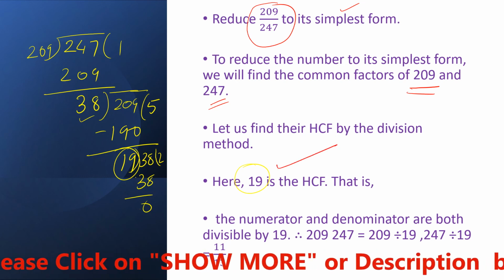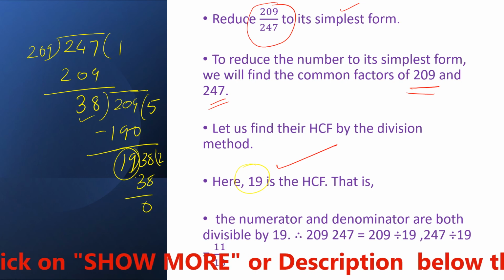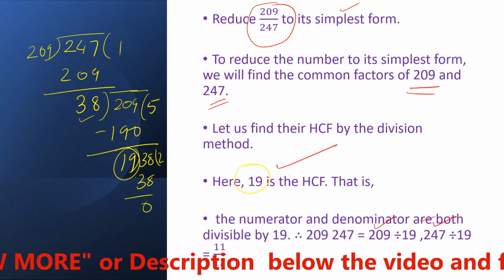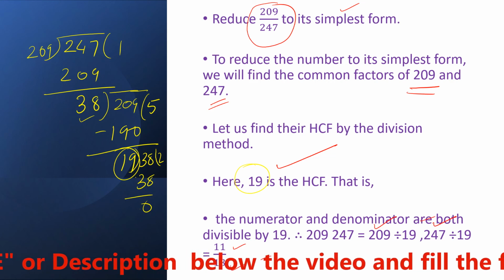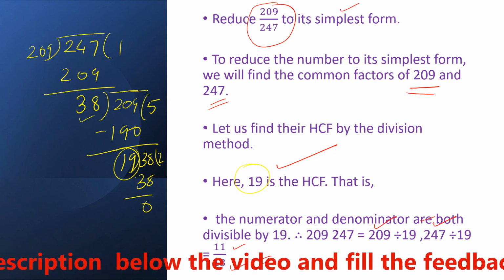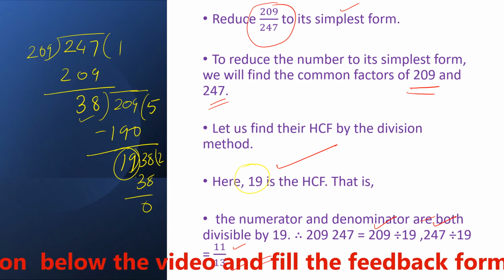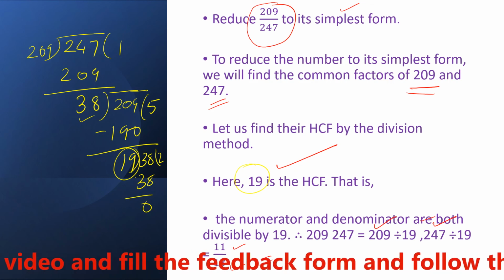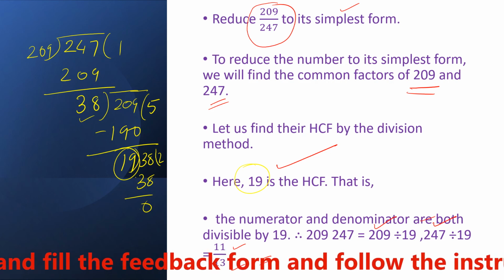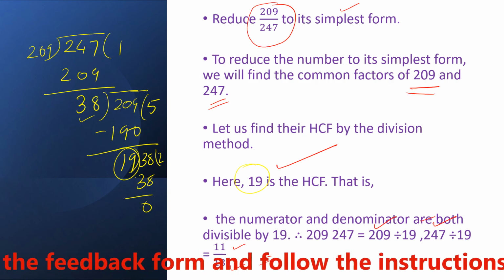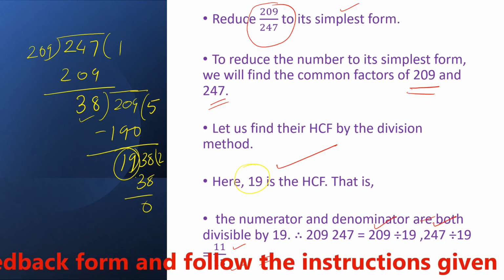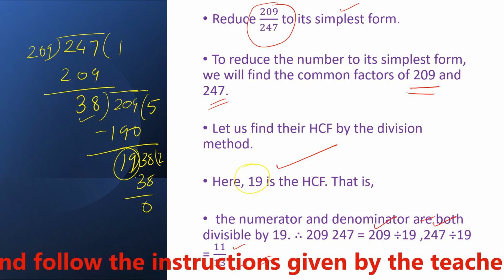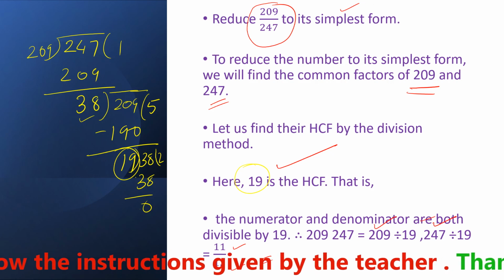If 19 is the HCF, what we will do is divide both 209 and 247 by 19, and we get 11 upon 13 as its simplest form. So HCF will help in this kind of situation also, to convert certain bigger-number fractions into simplest form by dividing both numerator and denominator by the highest common factor.